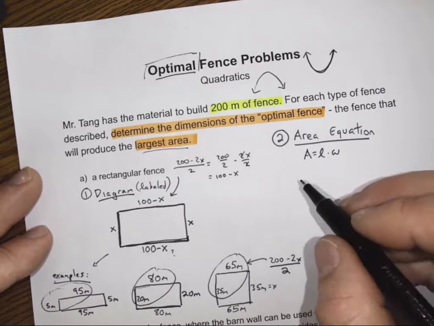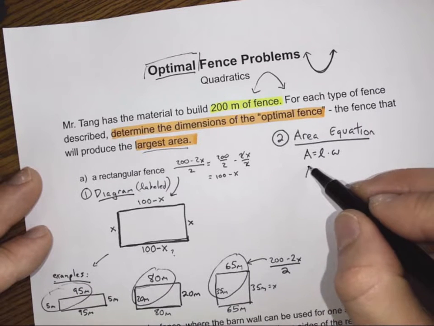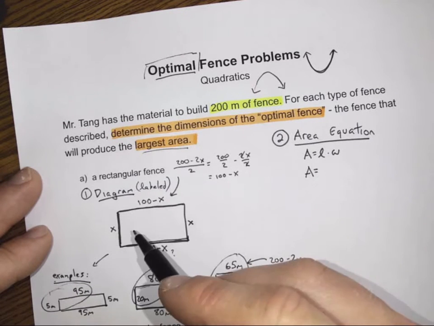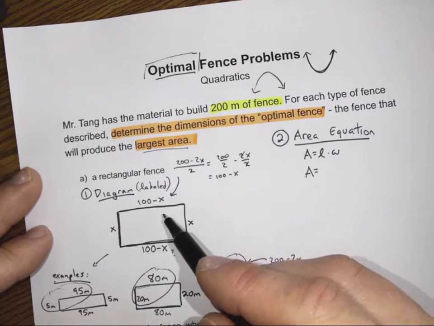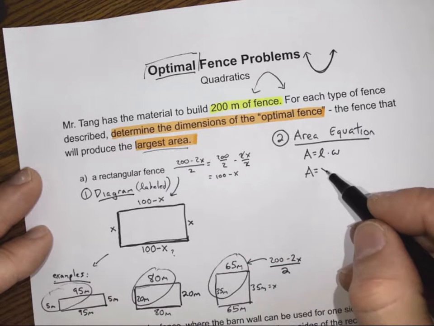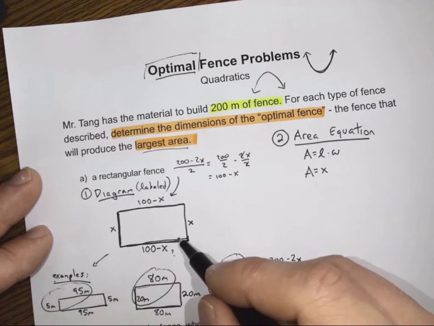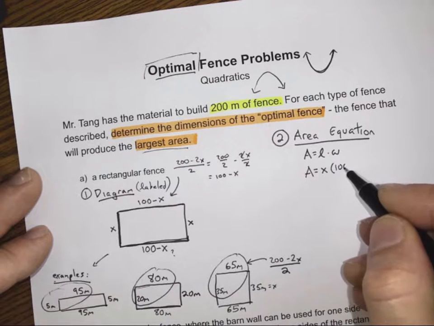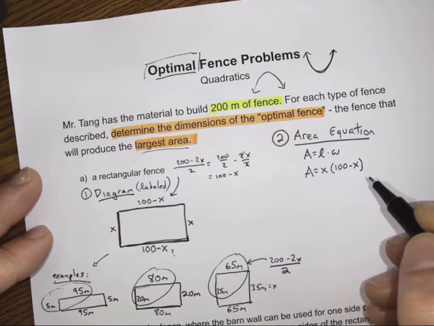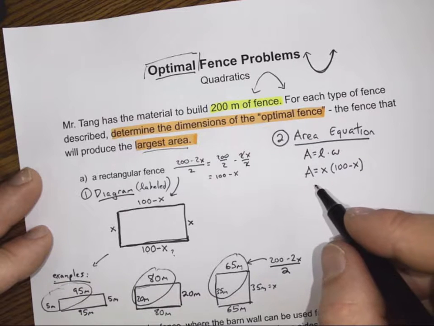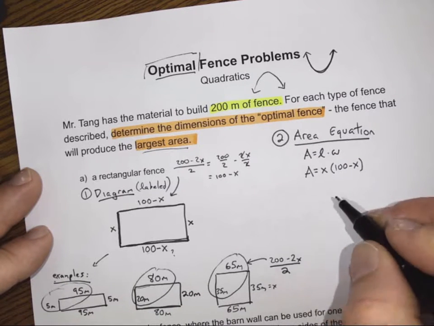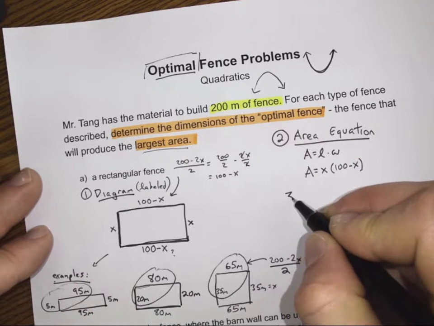Okay, so that means the dimensions of this general rectangle are going to be x times 100 minus x. 100 minus x. And that is something I can put into Desmos. I can take a look at that parabola.